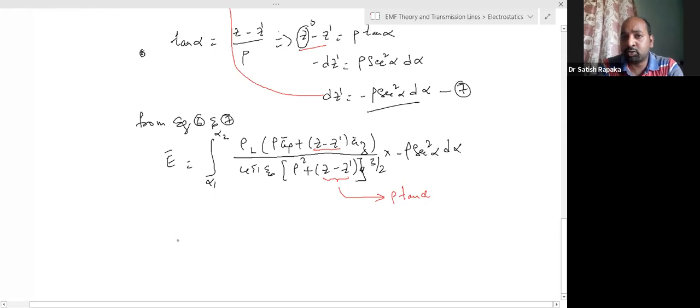If you substitute those values and simplify, you will get this expression.